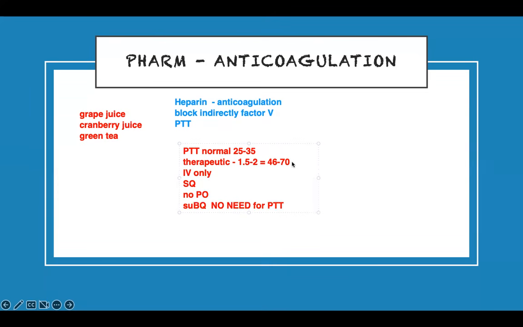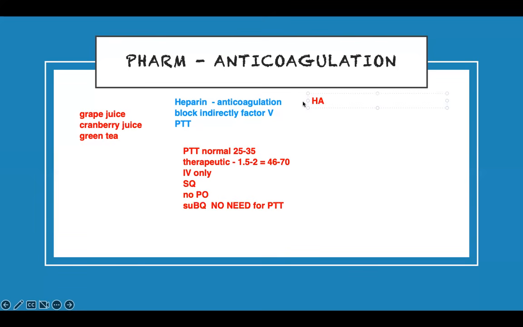This is used for prophylaxis to prevent DVT. It's not used to actually do the complete anticoagulation. So this is the normal range, multiply 1.5 to 2, you get this, and that's what you do. Okay, it's usually titrated. So the patient is on it, you titrate, and then you keep on checking normal values.